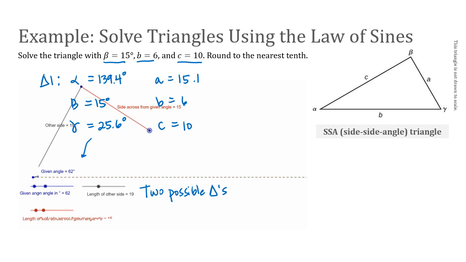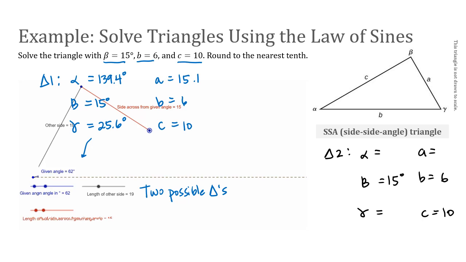Okay, triangle 2. In triangle 2, we still had an alpha, we still had a beta, and we still had a gamma. And we still had sides across from them, A, B, and C. Angle beta was 15 degrees, side B was 6, and side C was 10.